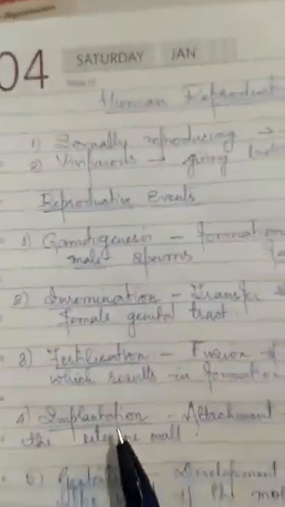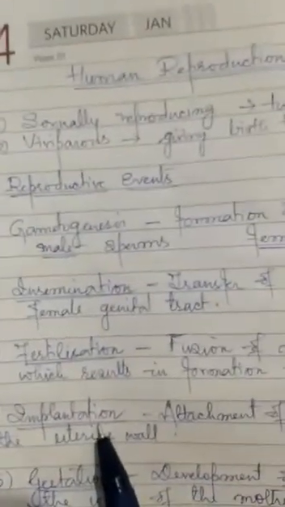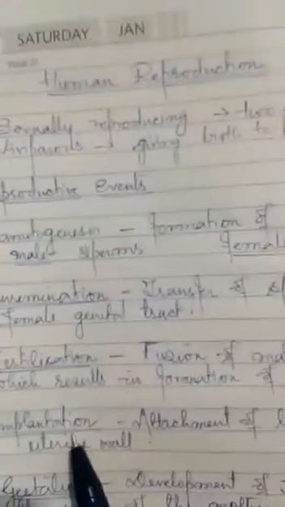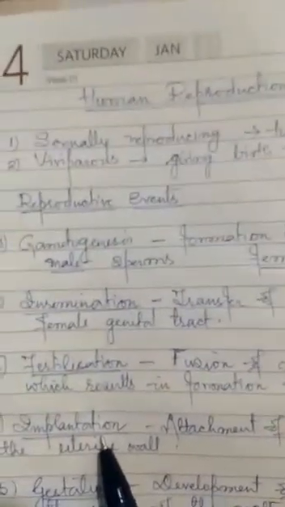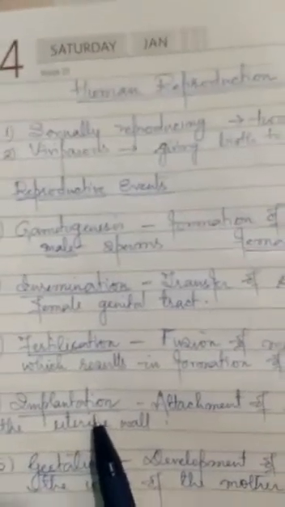Now the next step, that is implantation. What do you understand by implantation? Once the zygote is formed, it immediately starts dividing. One celled zygote gets divided into 2, 2 into 4, 4 into 8, like that. And after a certain step, that results in formation of a stage known as blastocyst.